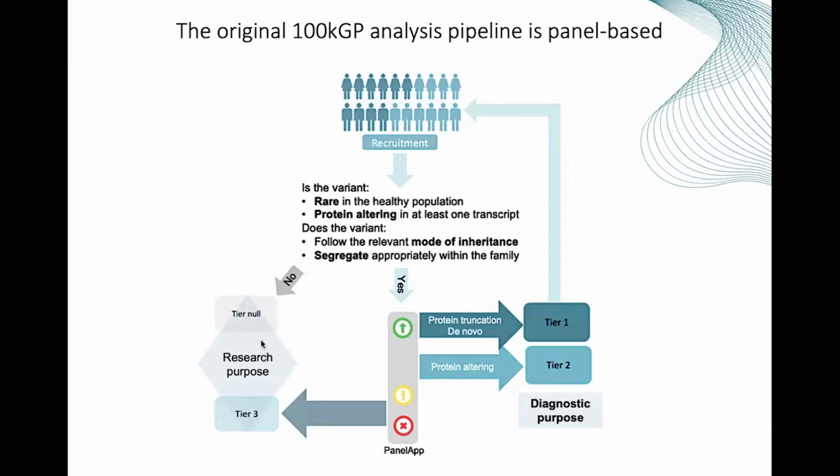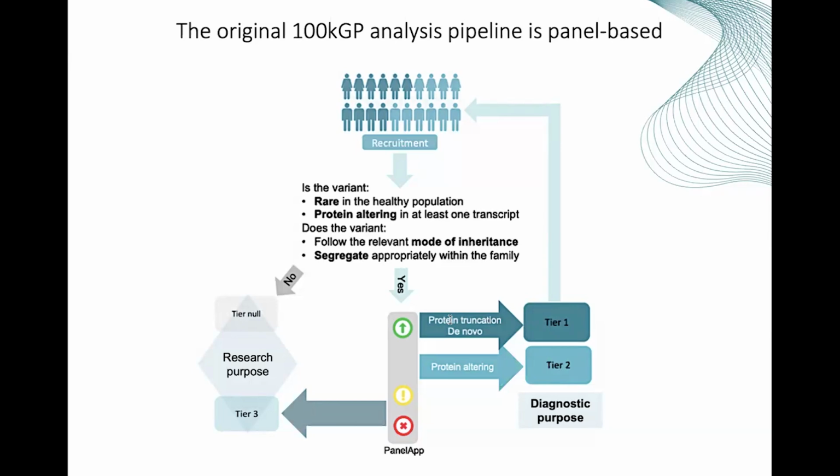So the original 100,000 Genomes Project pipeline is therefore panel-based and driven by clinical indication of which panels to apply to each one of the patients. This pipeline flags, for diagnostic purposes only, rare segregating protein-truncating, protein-altering, and novel variants affecting green genes in the applied panels.